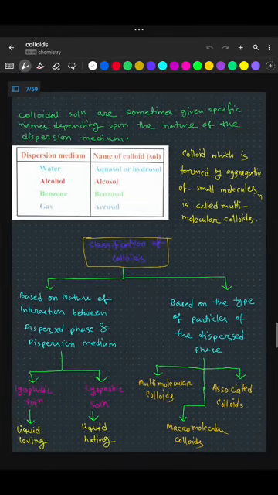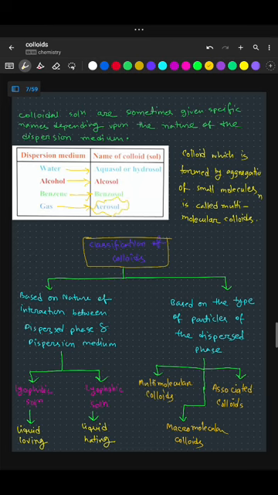And the next topic will be the classification of colloids. Before we go into the classifications, there's a small note here. It is that colloidal solutions are sometimes given specific names depending upon the nature of the dispersion medium, which I've told you before: whenever the dispersion medium is water, it is mostly aquasol, if it's alcohol, it is alcosol, benzene names as benzosol, and gas names as aerosol.